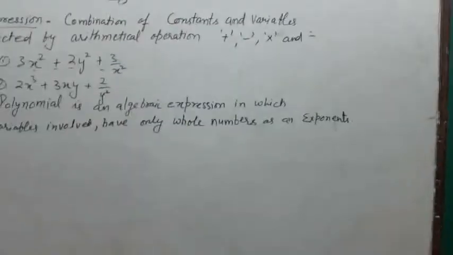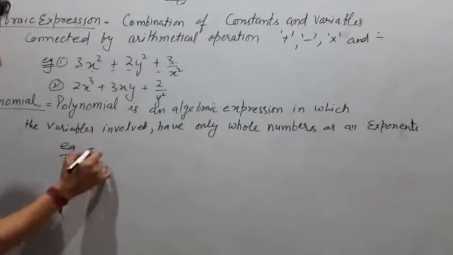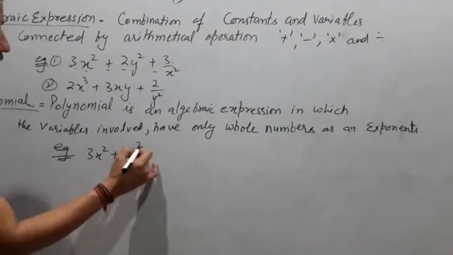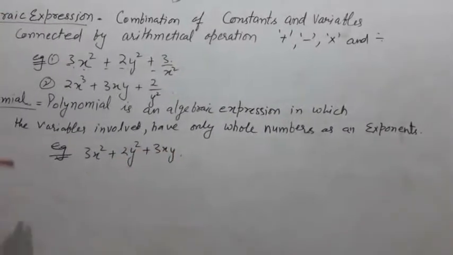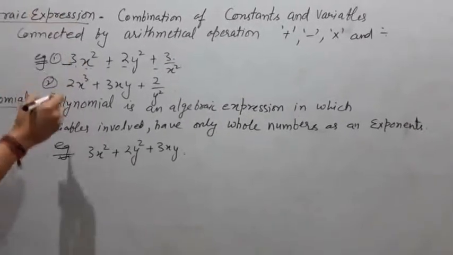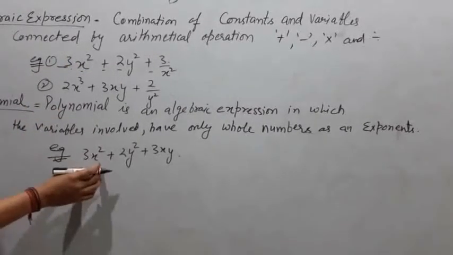For example, 3x squared plus 2y squared plus 3xy. Let's compare these two. Here it is an algebraic expression, but it is a polynomial.